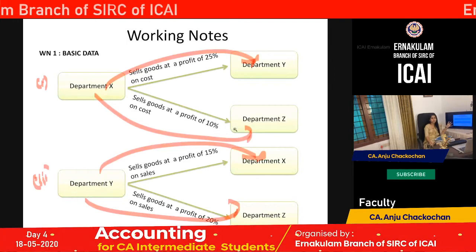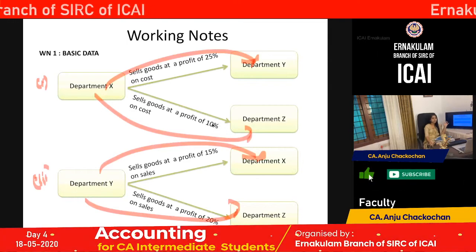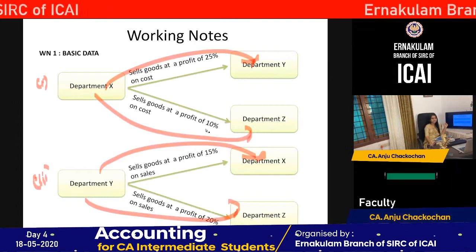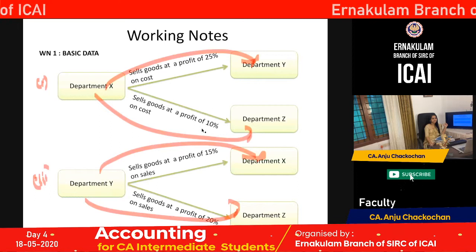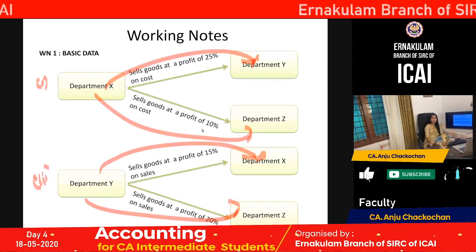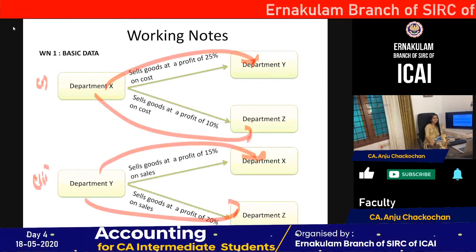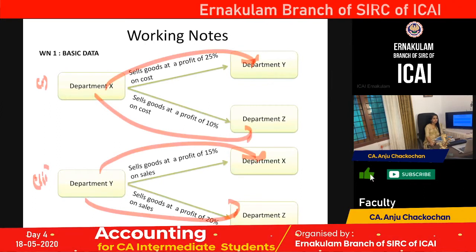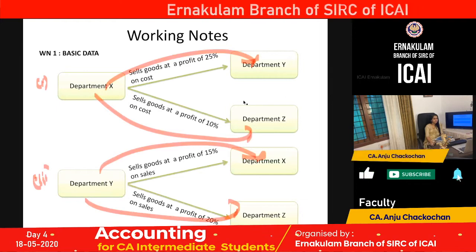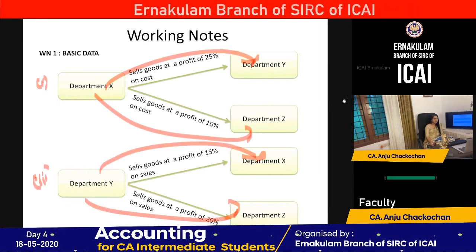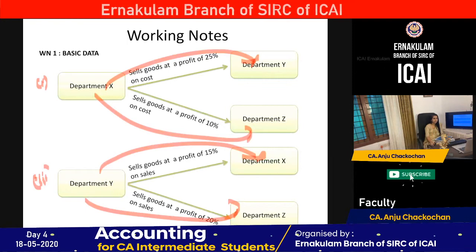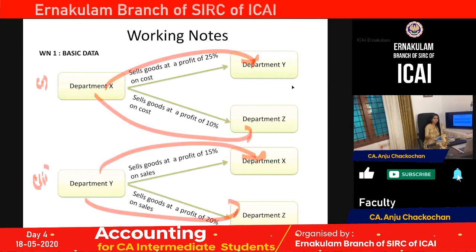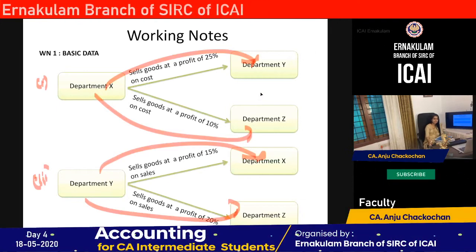So you can very well pull out the figures from the question. Keep writing this and give me a message so that I can go on with the next slides.